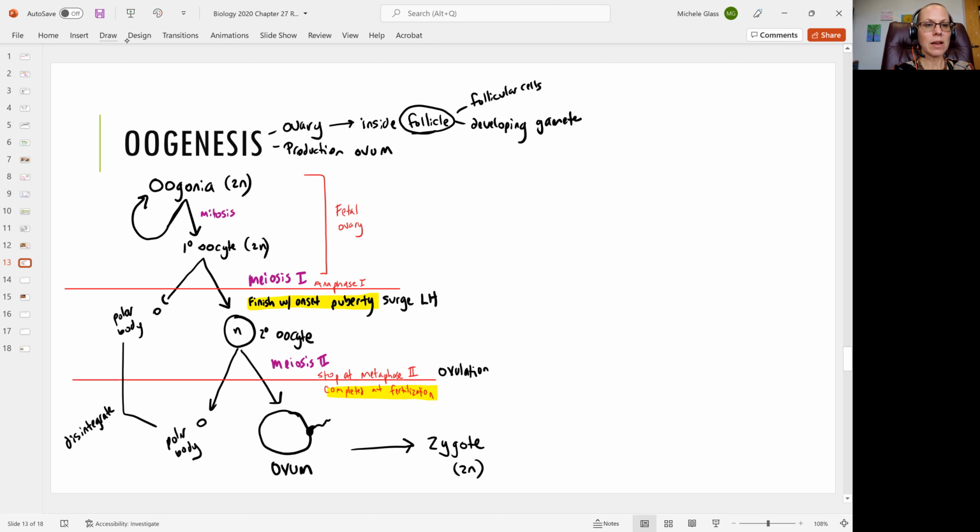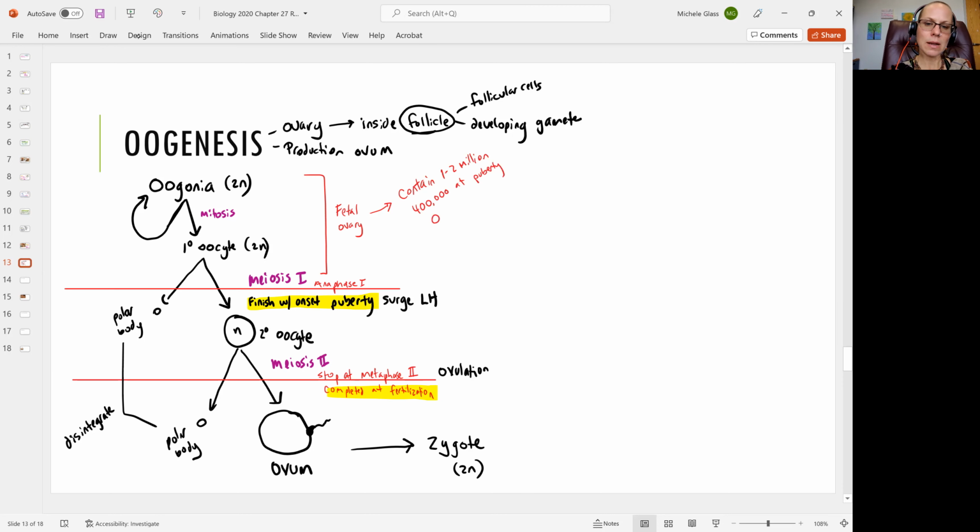When we talked about that fetal ovary, we said it's going to contain all of these primary oocytes frozen in anaphase 1. So at birth, that infant ovary is going to contain 1 to 2 million potential oocytes. And then at onset of puberty, that number has dropped down to 400,000.